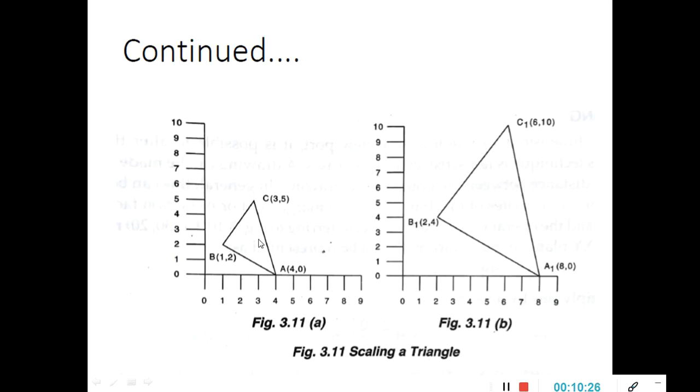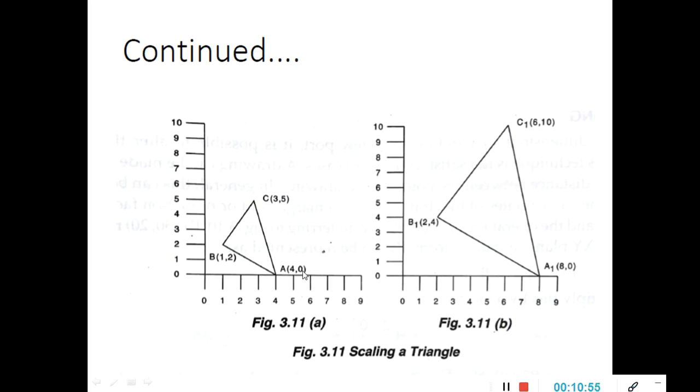Another continued part of the scaling operation: let us consider a simple triangle here. This triangle has 3 points, and the 3 points have 6 coordinates. This is the x and y coordinates of point A, this is the x and y coordinates of point C, and this is the x and y coordinates of point B. Now with scaling, we can enlarge this triangle with new coordinates.